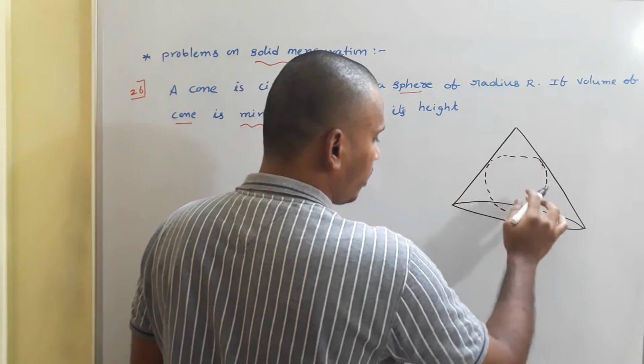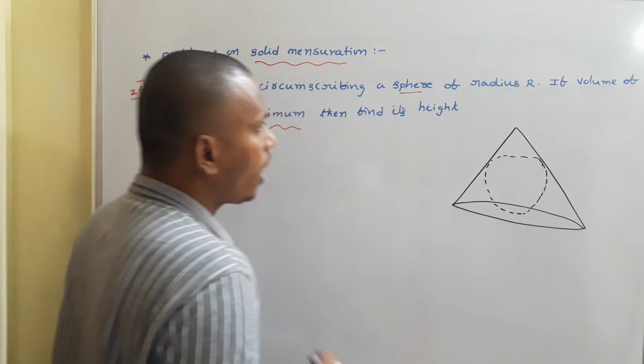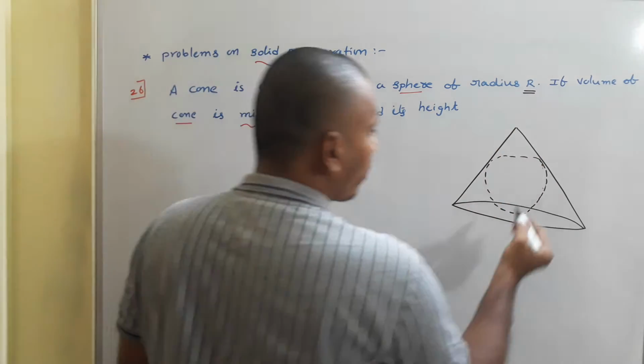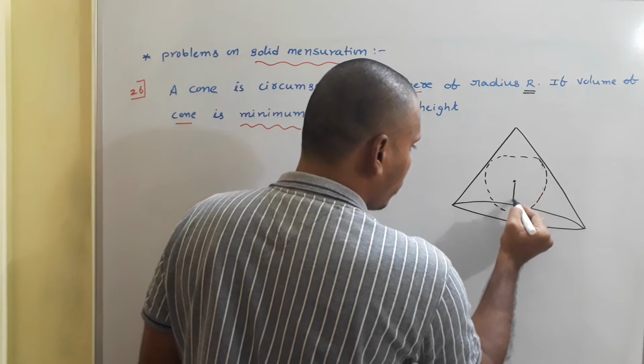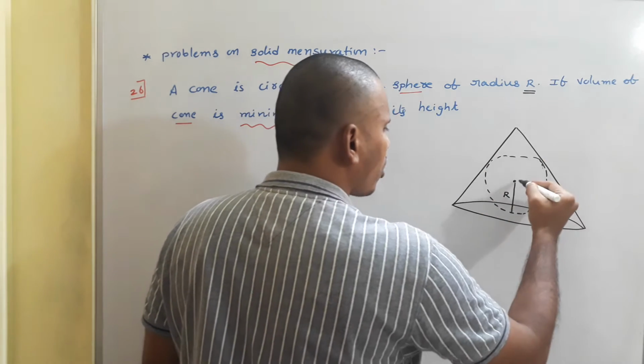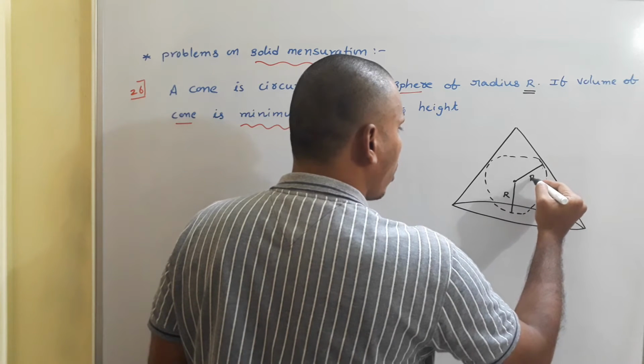Okay, this is the sphere and this is the cone, and the radius of this sphere is given as r. This is r, and it's just like a circular shape, it touches, and this is also r.